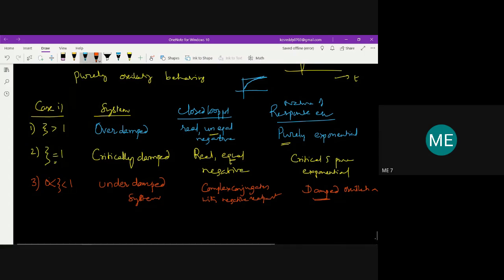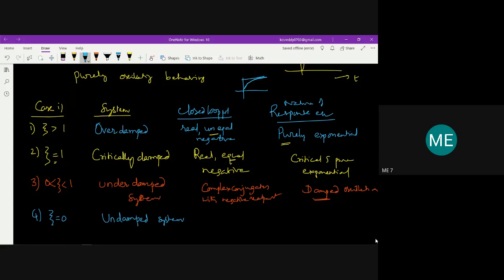And the fourth one, zeta equal to 0, means no damping. It is called no damping or undamped; we can call them undamped systems.